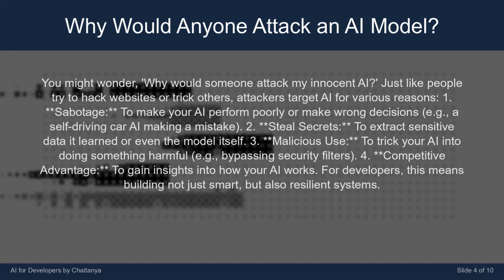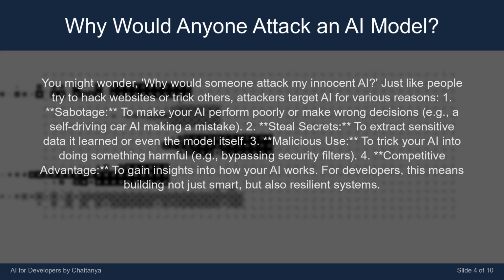Just like people try to hack websites or trick others, attackers target AI for various reasons. 1. Sabotage: to make your AI perform poorly or make wrong decisions, e.g., a self-driving car AI making a mistake. 2. Steal secrets: to extract sensitive data it learned or even the model itself. 3.